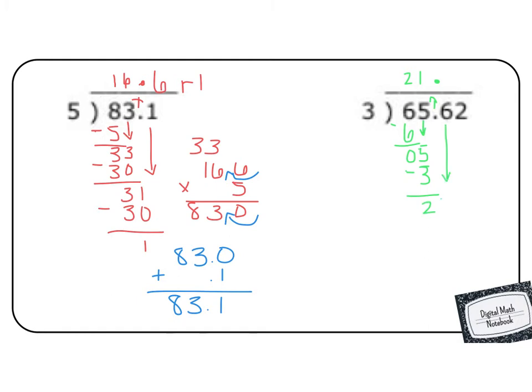Bring down the 6. Now we have 26. 3 goes into 26 8 times, which is 24, and we're left over with 2. And then bring down that last 2. 3 goes into 22 7 times, which is 21. Subtract, we're left over with 1. So again, we have a remainder 1.